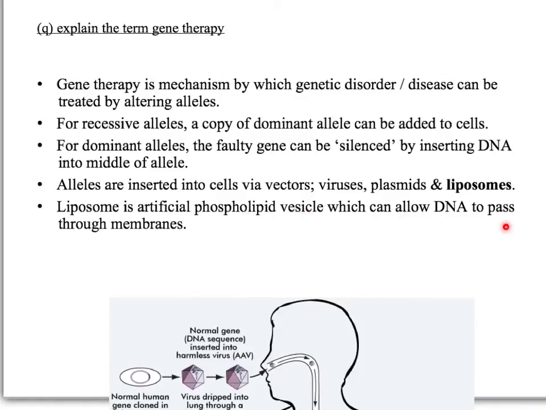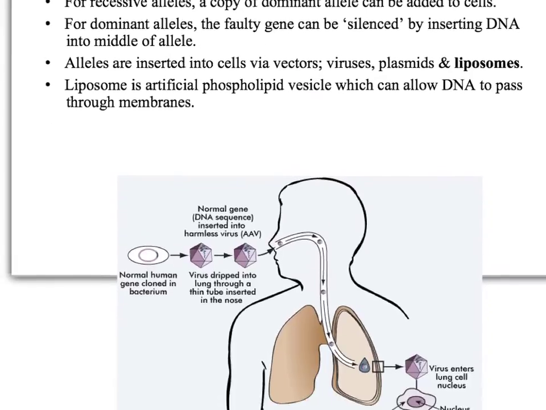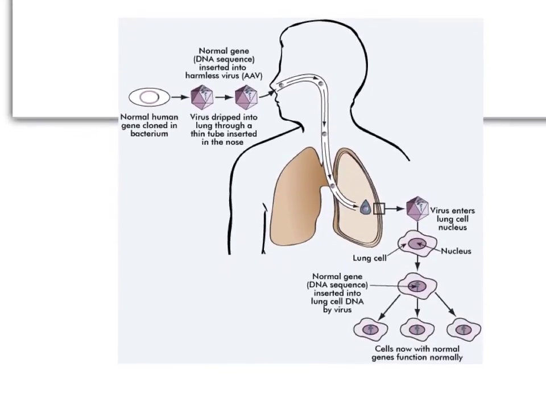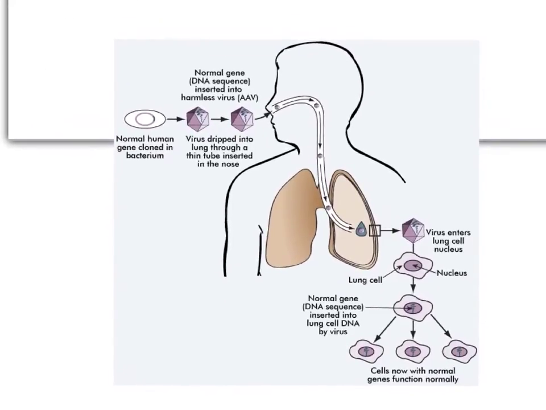Okay, so I've got an example here, which is often talked about in gene therapy, an example of cystic fibrosis. Okay, so cystic fibrosis, if you remember, is a disease which is caused by having two recessive alleles, being homozygous recessive for the faulty cystic fibrosis allele.